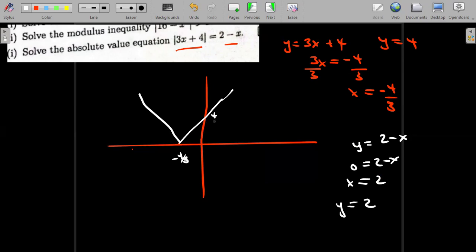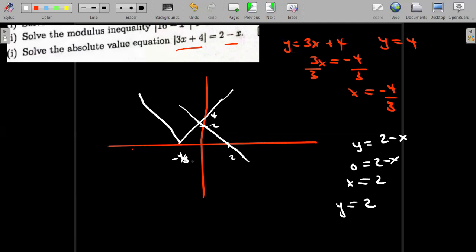So this point here is 2, where it's cut, and you have the other part there, which is also 2. So you have something like this.